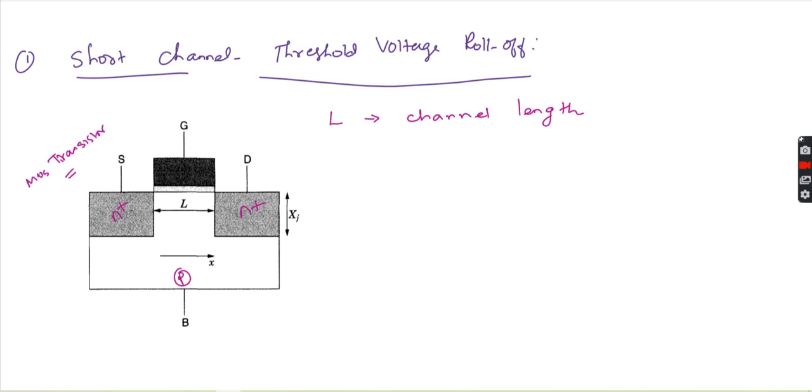Then Xj is the source and drain junction depth.